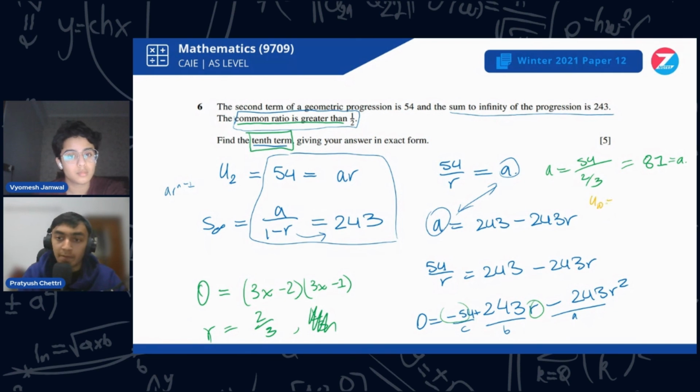U10 is equal to AR9, where A is 81 and R is 2 by 3 to the power 9. So answer is 81 times 2 by 3 to the power 9, which gives us this value. It says leave your answer in exact form, so I will leave it as a fraction. This is my value.